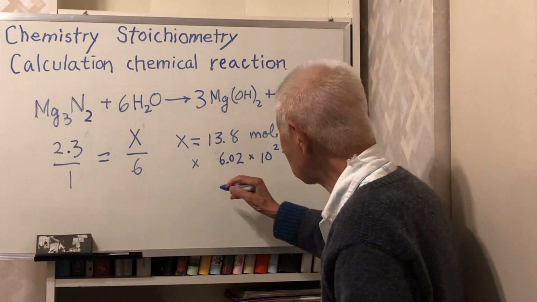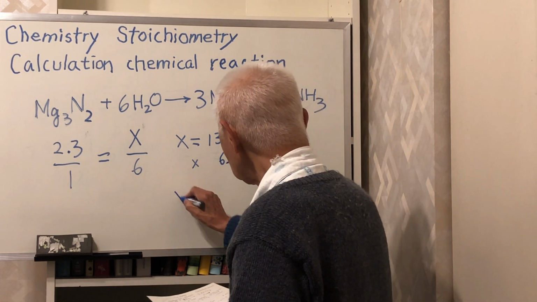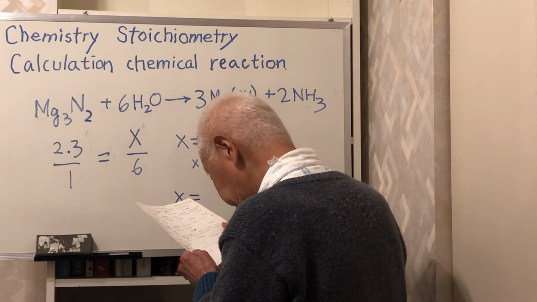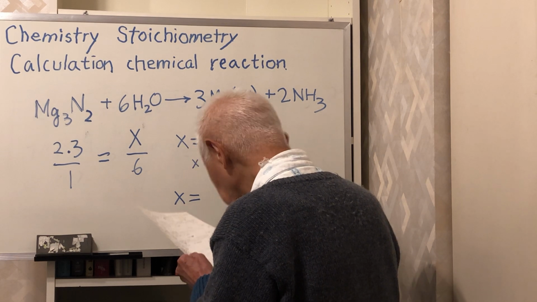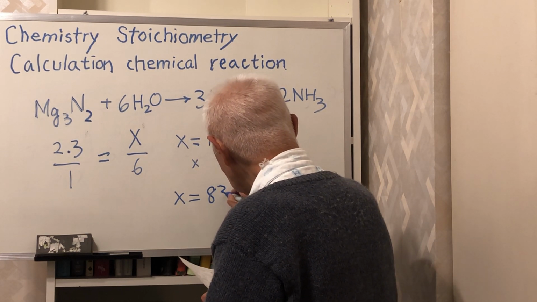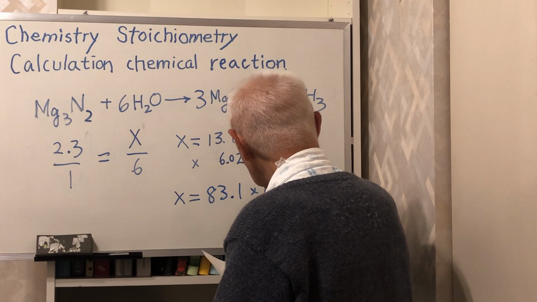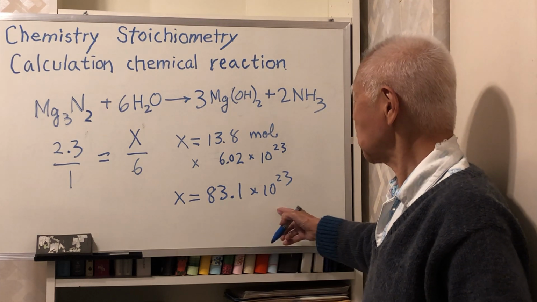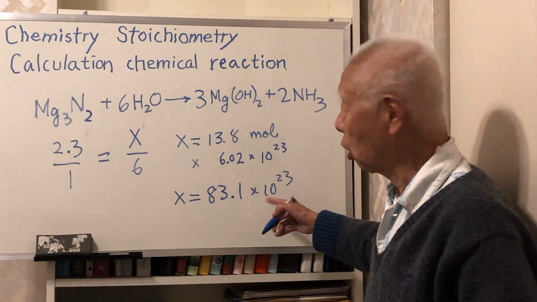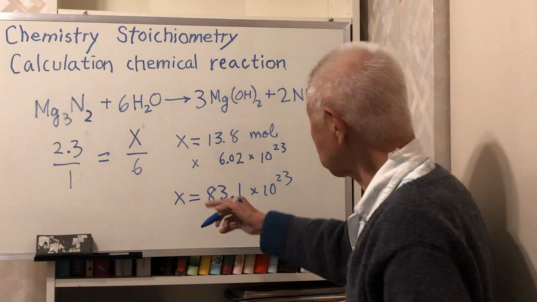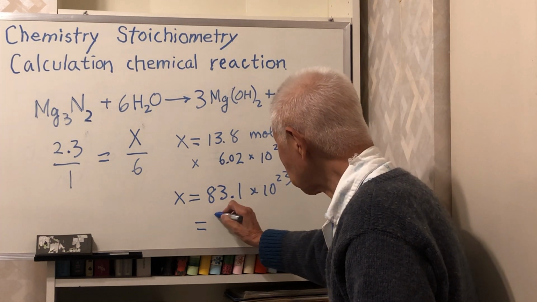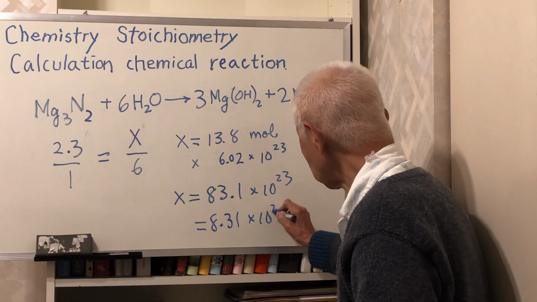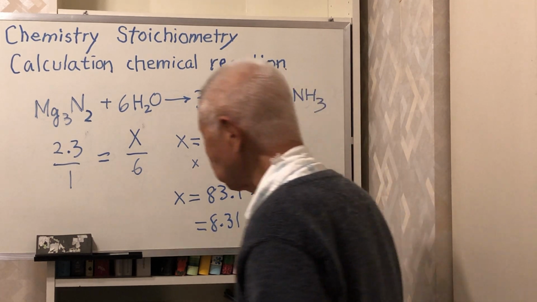So you multiply this, and then x, in terms of number of moles, so you get the answer. You can shift the decimal point and you get 8.31 times 10 to the 24.